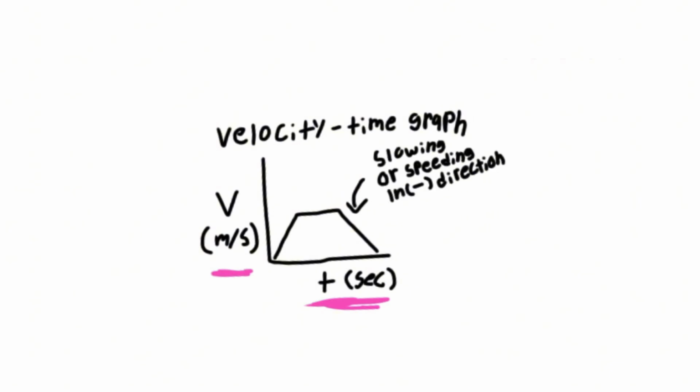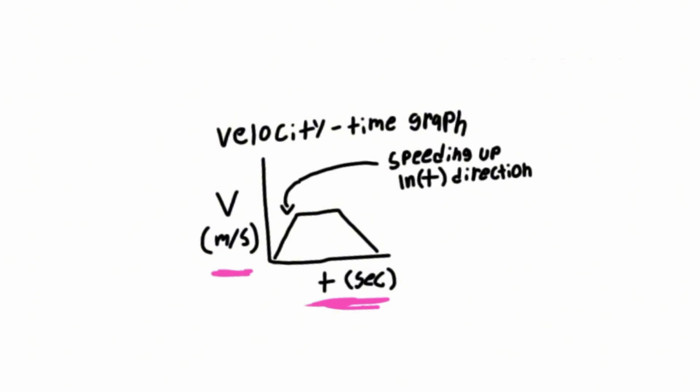Now this line right here, which is approaching downwards, represents a negative slope. And here it tells you that acceleration is either slowing down or speeding up in the negative direction. And a positive or upward slope means that acceleration is speeding up in the positive direction.